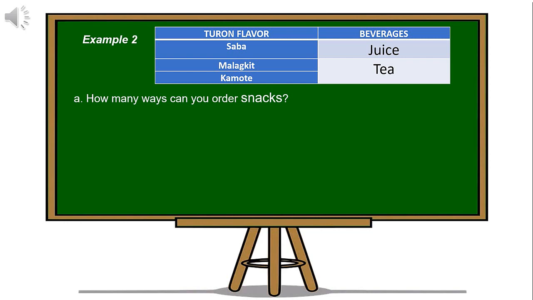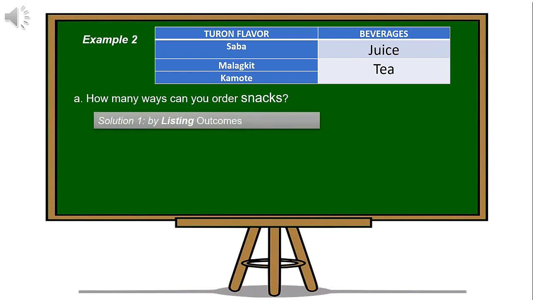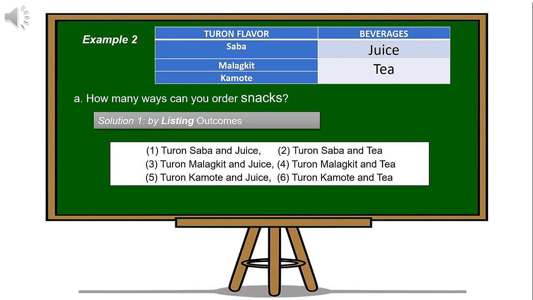We can use the first solution, which is listing outcomes. So the answer would be the following. First, we can have turon saba and juice. Second, turon saba and tea. Third, turon malagkit and juice.